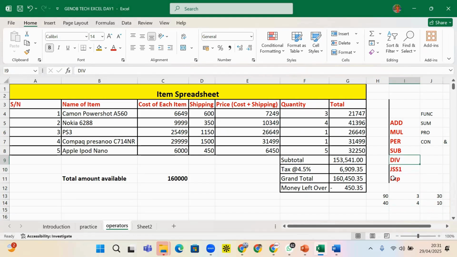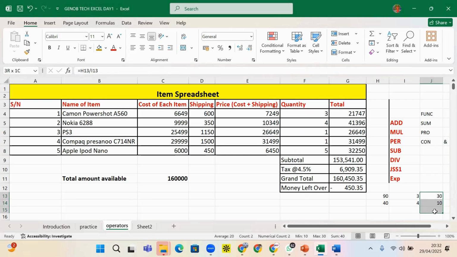The same thing with this division. Exponent. To perform exponent, I can say something like 4 raised to the power of something. If I want to raise this to power 3, that means it's 4 times 4, which is 16, then 16 times 4 again. That's the exponent.